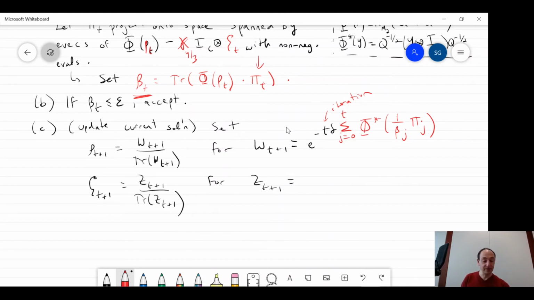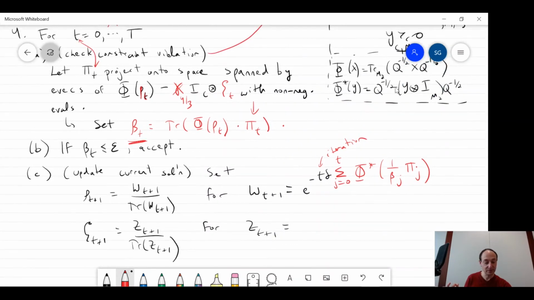Okay, so what am I doing? All the rounds from 0 up to the current round, t. In each round, remember, I had this projector onto this bad subspace, if you will. And this was essentially renormalizing by your overlap onto that bad subspace. So I take that bad projector, and I push it through this map phi star to map it to my problem, because in my problem, I'm most interested in this operator Q. And remember Q, the cost function, is encoded in phi star.